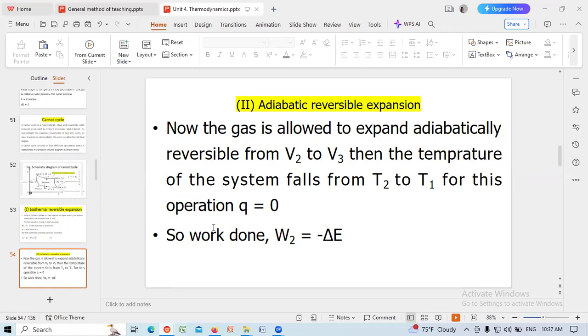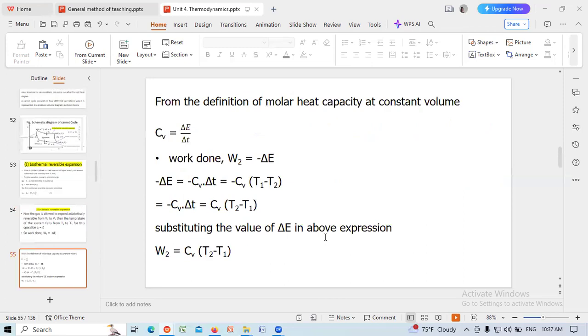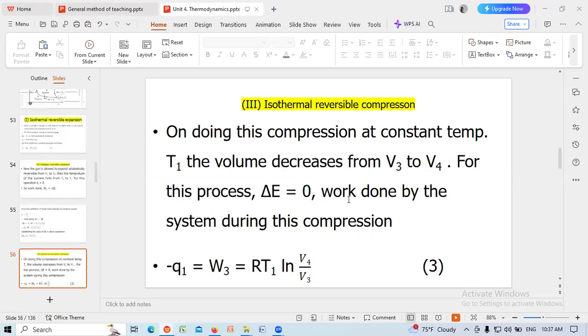For this operation Q equals 0, so work done equals minus delta E. From the definition of molar heat capacity at constant volume, Cv equals delta E/dT, so minus delta E equals minus Cv delta T, equals minus Cv(T2 minus T1). Substituting the value of delta E, W2 equals Cv(T2 minus T1).